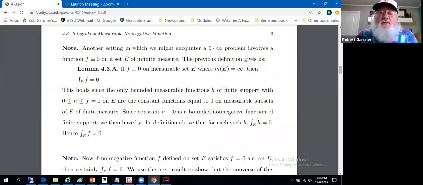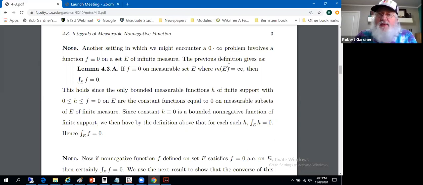Another setting in which we might encounter this involves functions that are identically 0 on sets of infinite measure. I might even try to interpret that as a simple function. We considered simple functions when we were dealing with class 0, and I think we had them defined on bounded sets. We certainly applied them to bounded sets.